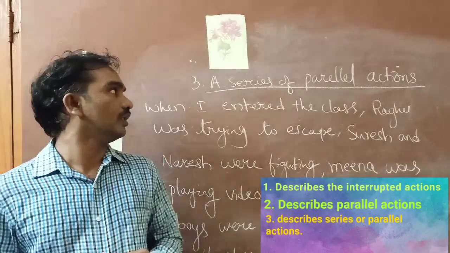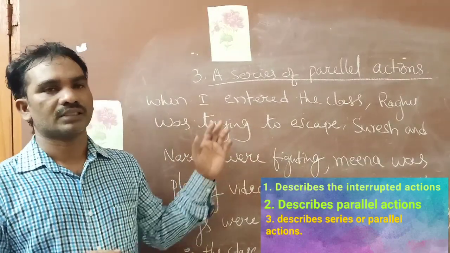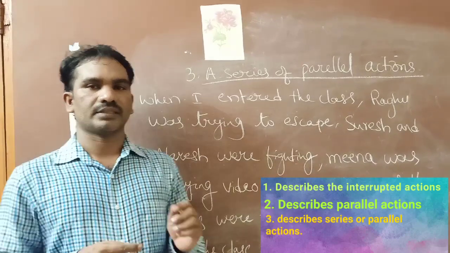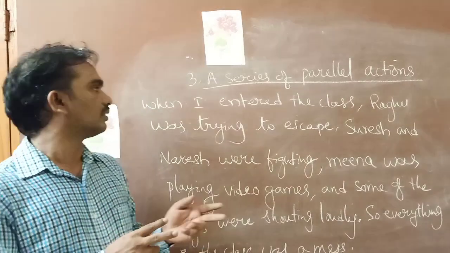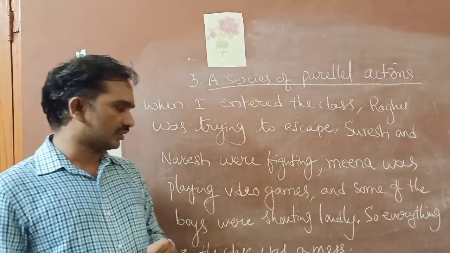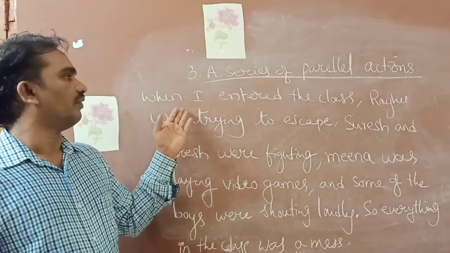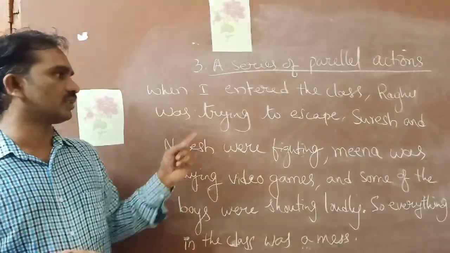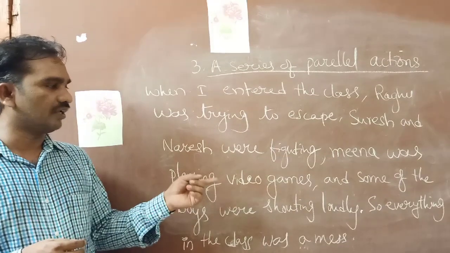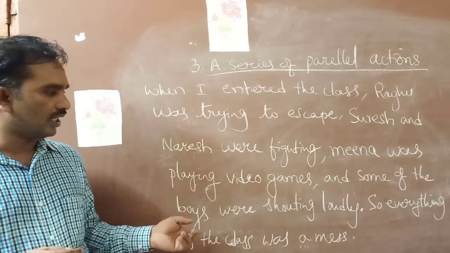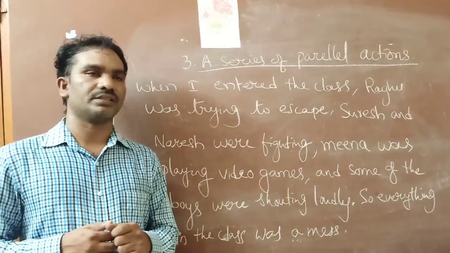Guys, the third rule is a series of parallel actions in the past. In the second rule, we looked at two actions happening together, and here a series of actions. Look at this incident. When I entered the class, Raghu was trying to escape. Suresh and Naresh were fighting. Meena was playing video games, and some of the boys were shouting loudly. So everything in the class was a mess.